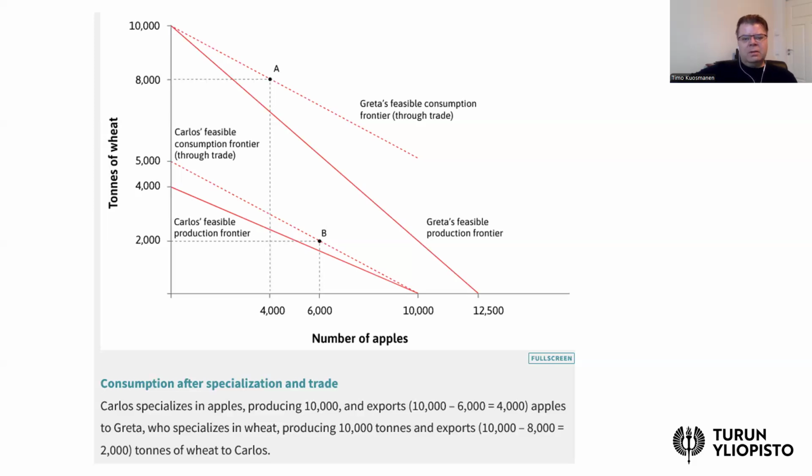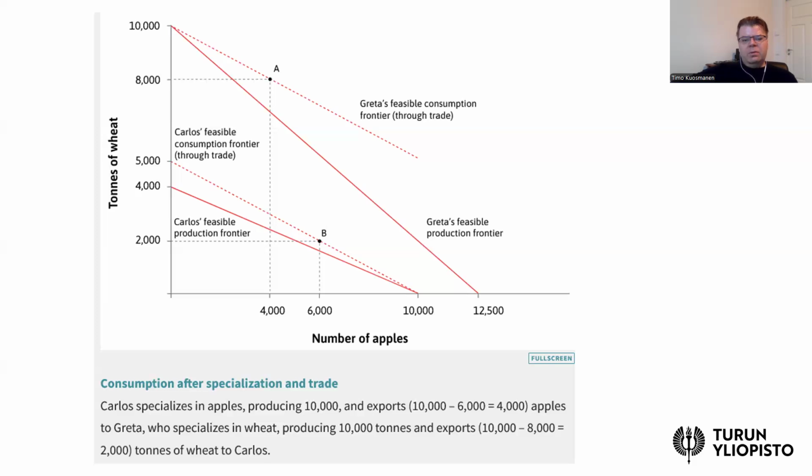Okay, so these numbers need to add up, but any point on these broken lines is possible. It depends on the preferences of these individuals, and of course, these numbers need to add up. So this indicates that these broken lines are above these solid lines, both for Carlos and Greta, and in that sense, both individuals can benefit from trade.